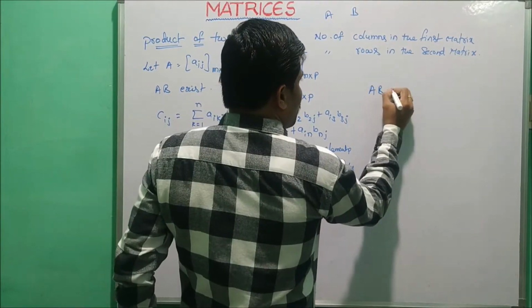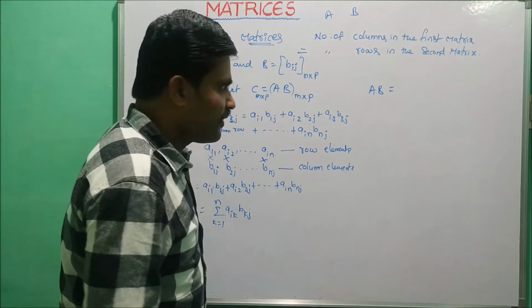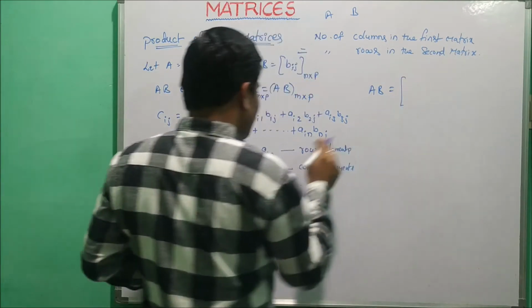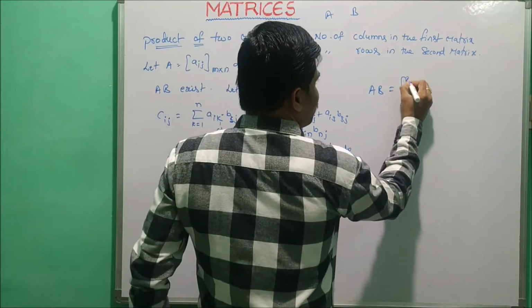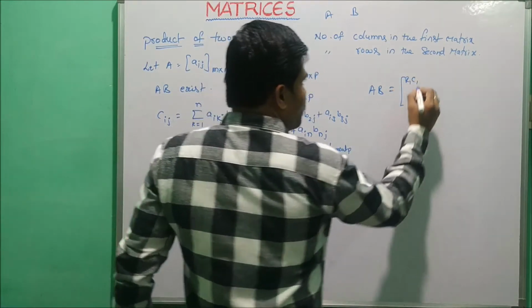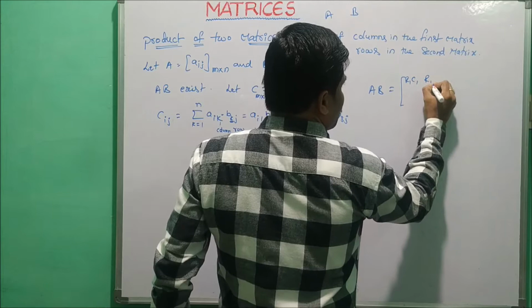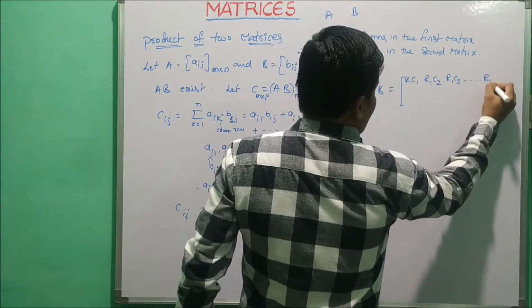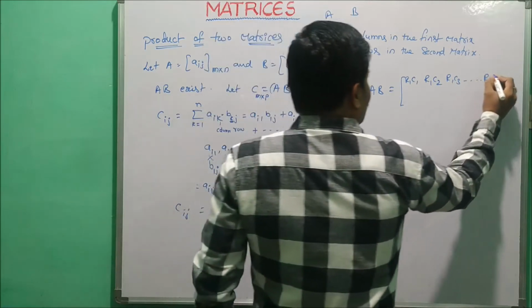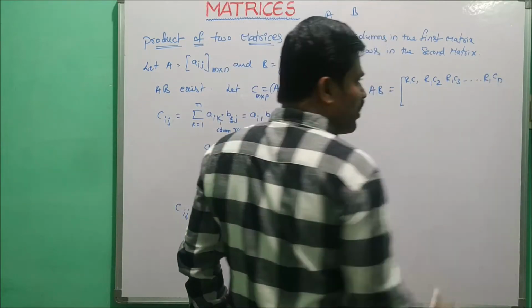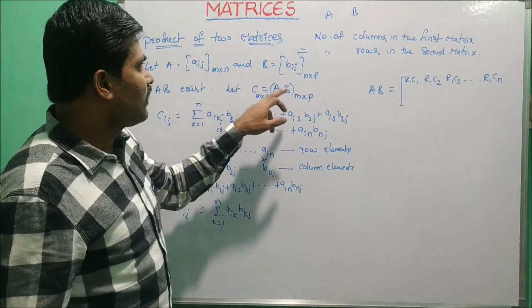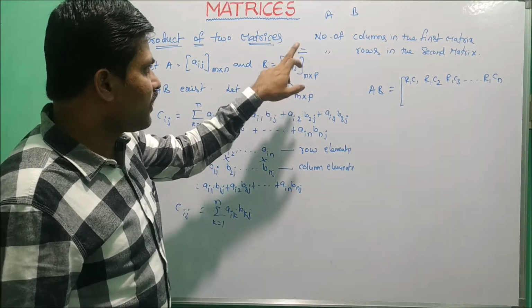Here the product AB can be taken as follows. The first matrix is taken row wise. So the first element is R1 C1, first row second element R1 C2, R1 C3 and so on, R1 Cn. Columns are taken up to Cp.